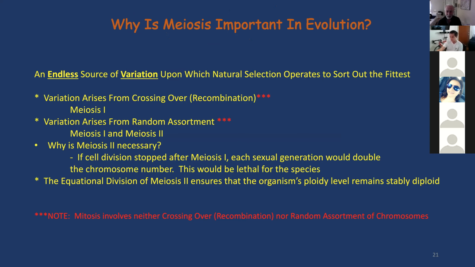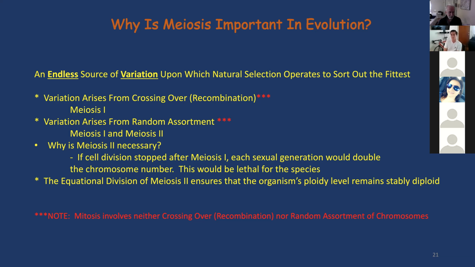So natural selection can operate on all this variation and sort out the most fit genotypes, which set of genes is best adapted to the environment at that point in time. And to reiterate, variation can arise from crossing over. That's recombination, and that happens in meiosis 1 only. Variation can arise from random assortment, which occurs in both 1 and 2.